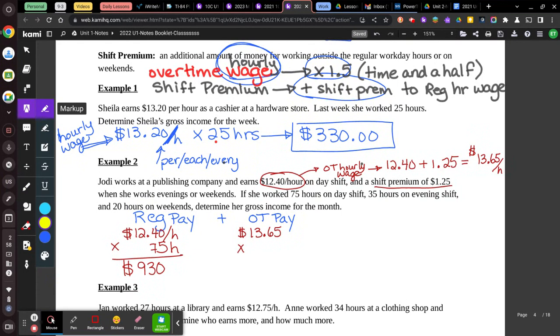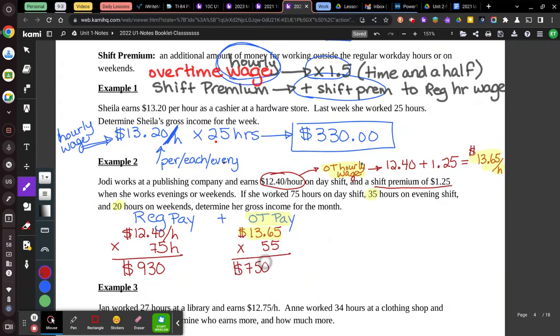And our overtime hours, so overtime hourly wage, and now our overtime hours, we have 35 and 20, which is a total of 55 hours overtime. Now we multiply our overtime hours. That's going to give us $750.75.